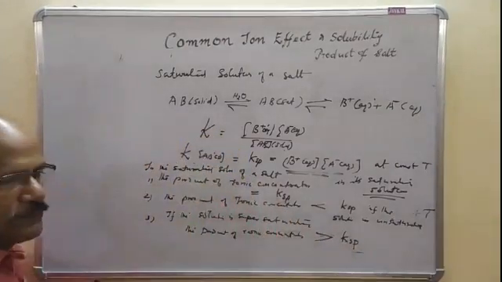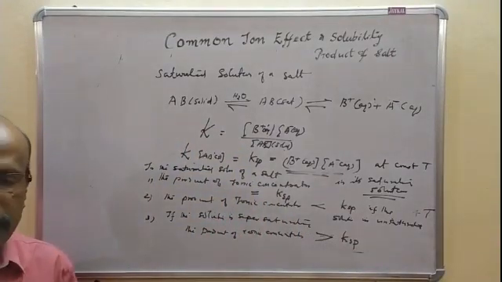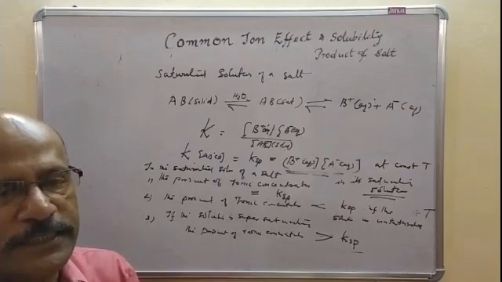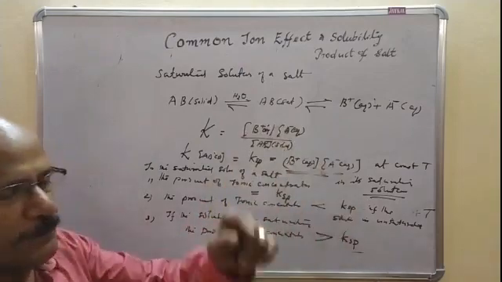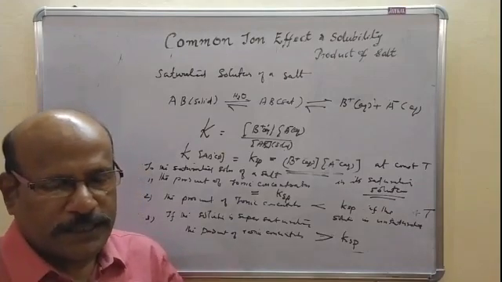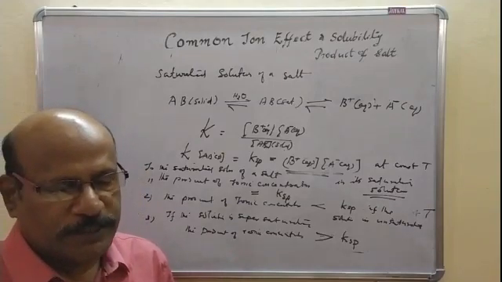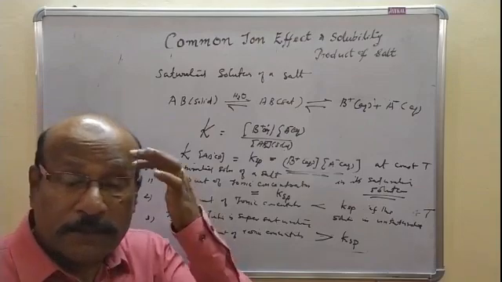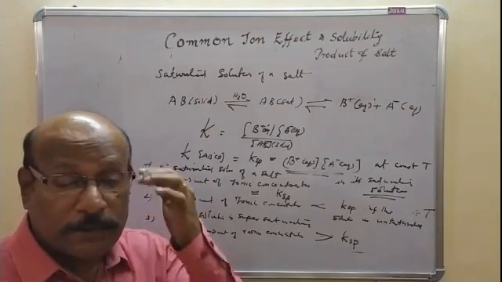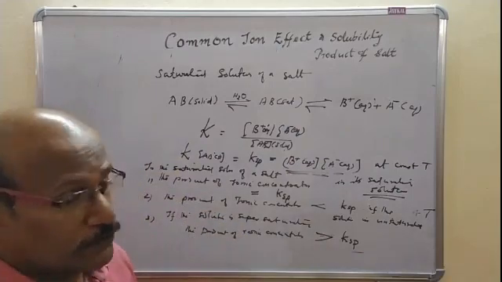So we got three different conditions with respect to the product of the ionic concentration and Ksp. In the case of a salt solution, there exist three conditions between Ksp and the ionic product, or the product of the ionic concentration of the salt.